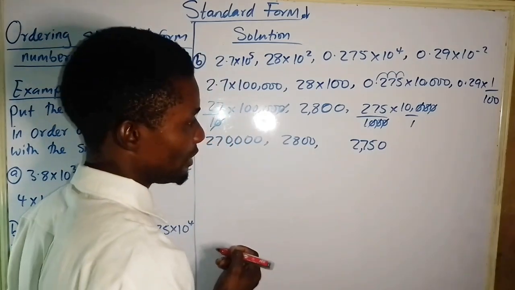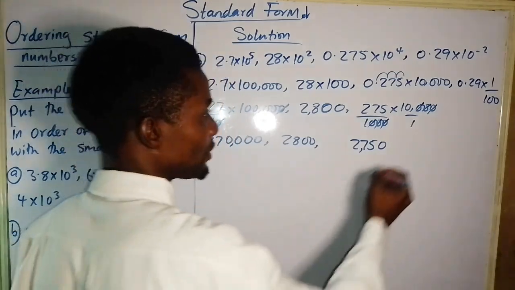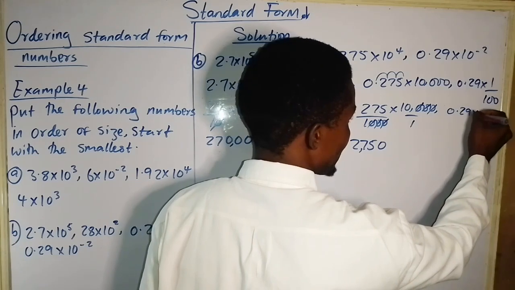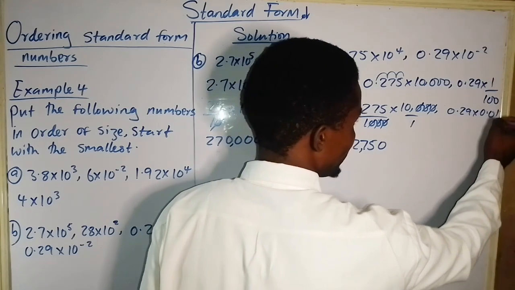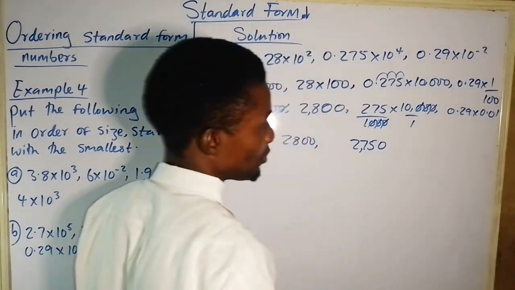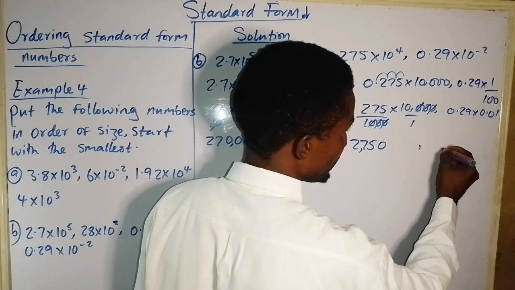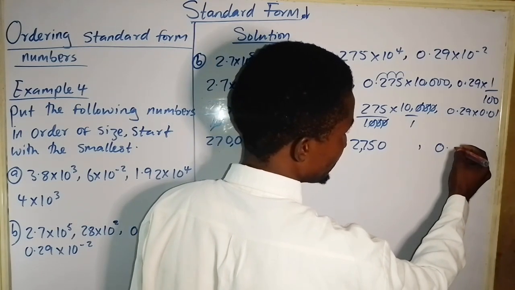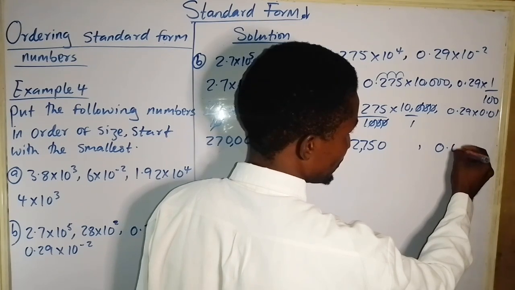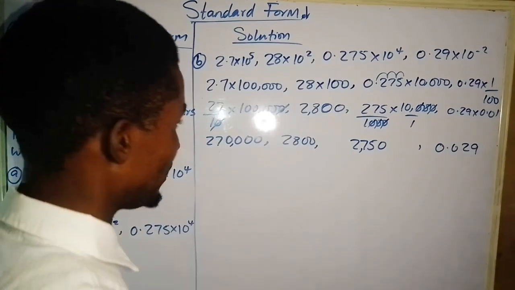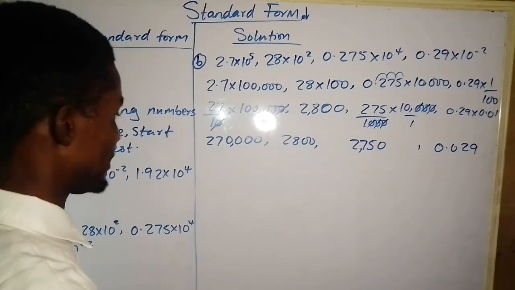That's what we are left with. So the next one we can say 29 times 0.01, and this is going to give us 0.29. Now let's order these numbers from the smallest to the biggest.